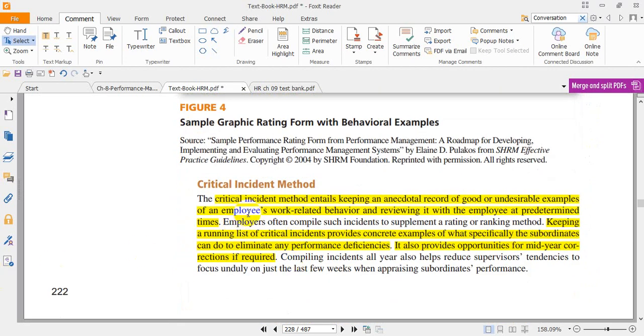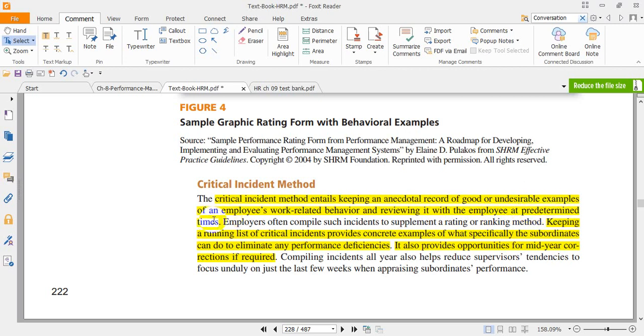Another method is the critical incident method. The critical incident method entails keeping a record of good or undesirable examples, keeping a record of positive and negative performance of an employee, work-related behavior, and reviewing it with the employee at predetermined times.